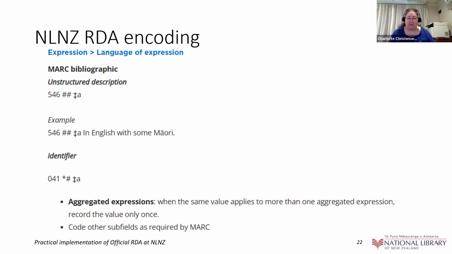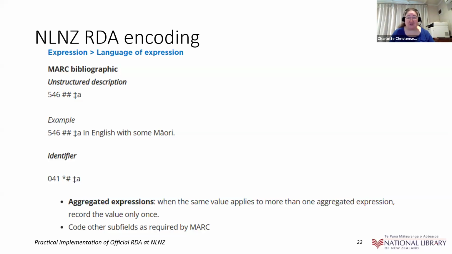Here at the section for language of expression, we have the possibility of two recording methods, unstructured description and identifier. For our description, we have an identifier value of this element, so we're told to record it in an 041 field, specifically subfield a. And other specific advice is given, like don't repeat the same language value for each expression in an aggregate.